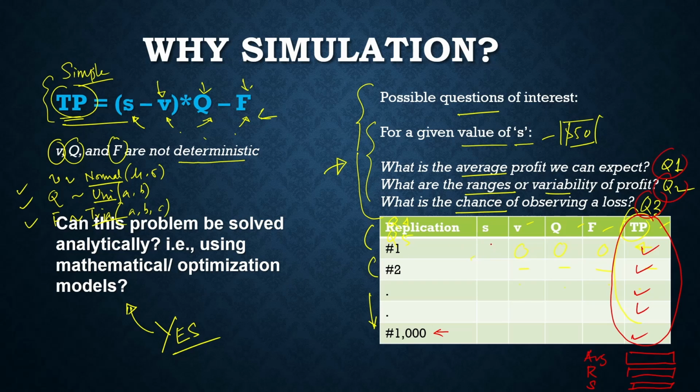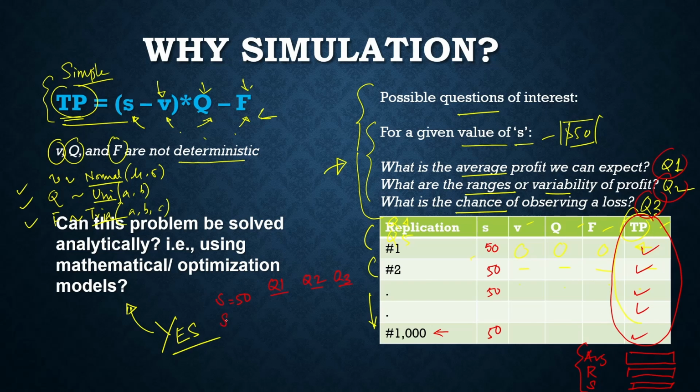Also you see, now suppose you decided $50 as the selling price for each replication. So for S equal to 50, you monitor the answer to these questions, question 1, question 2, question 3. What are the answers? You are getting these answers here at the end of this TP column.